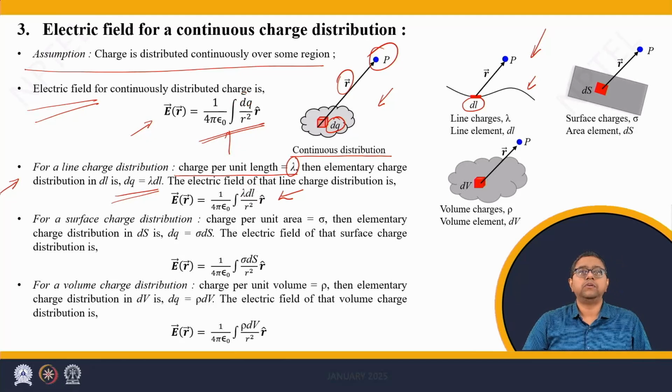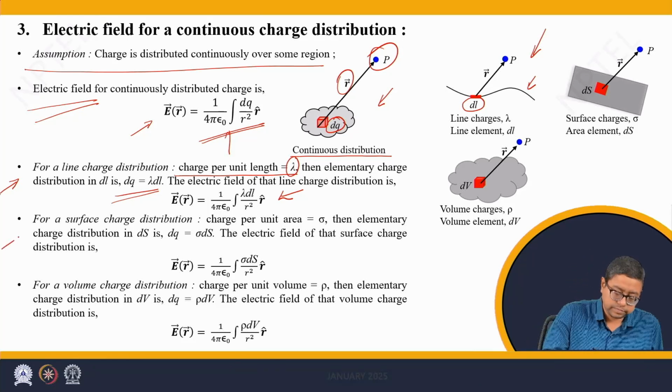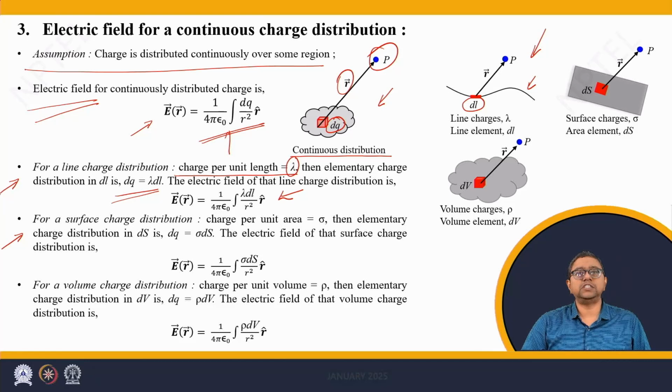Next, we move on to the surface charge distribution. The surface charge distribution is depicted in this diagram. Here we have a surface where an elemental surface is shown as ds. Now, the density of this surface charge distribution is given by the charge per unit area, which is sigma.